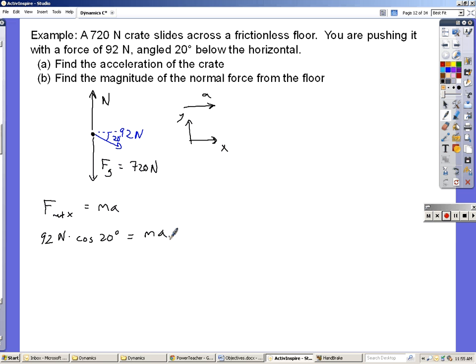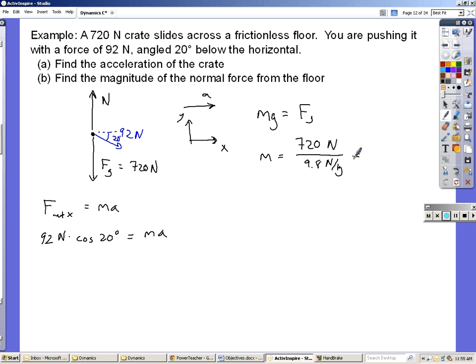But we don't know the mass of the crate. However, it's easy enough to find out. Remember, mg equals the weight, where g is the gravitational field, 9.8 newtons per kilogram. And so m equals the weight, 720 newtons, divided by 9.8 newtons per kilogram.